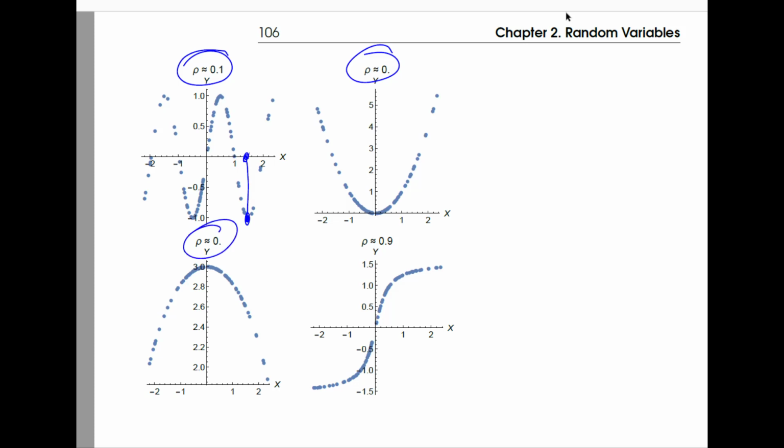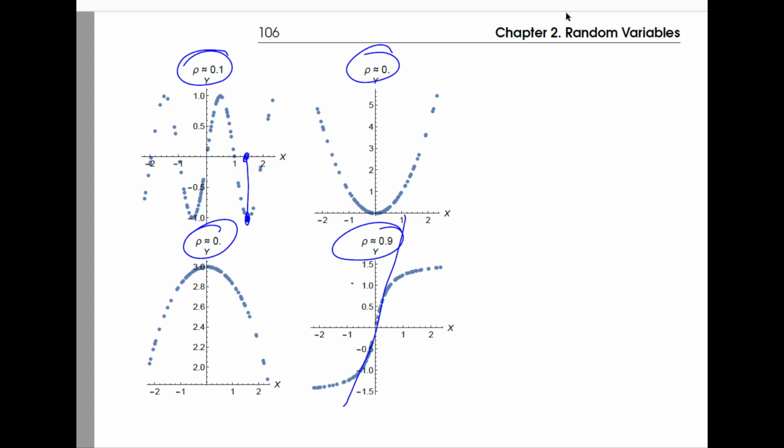And same thing here. Now this one is very high because there's a high linear component to this figure. So there's a linear relationship, yet it's not perfectly linear.